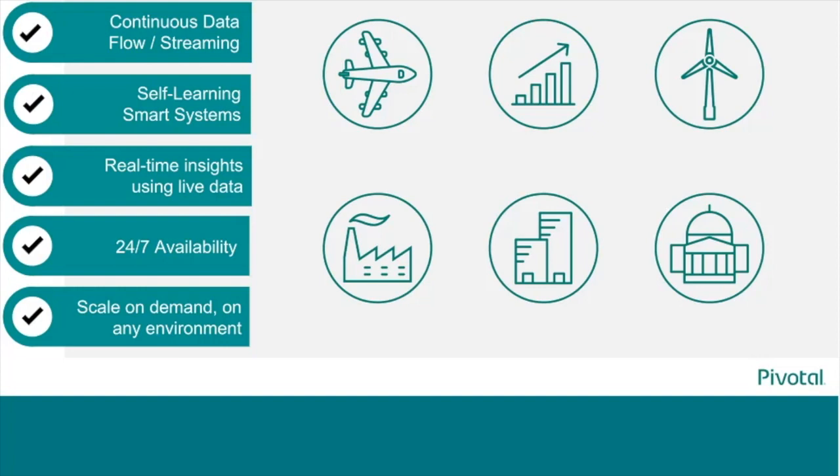You could use it in large-scale ticketing or financial trading applications. You can use it in IoT. You can do some real-time insights using live data. You can use it for self-learning, smart systems. Or you could use it where you need continuous data flow or streaming applications. So that's where some of the key features of Gemfire shine.